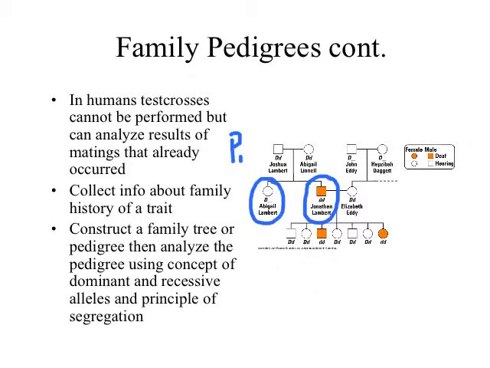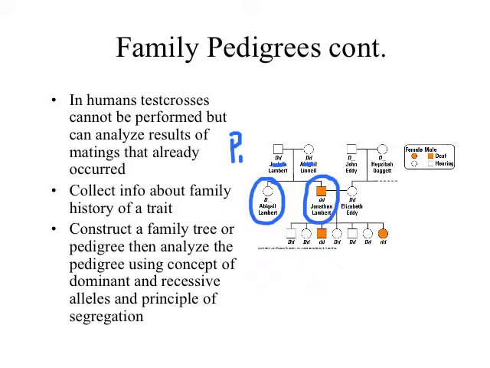Because they had one deaf son and one hearing daughter, and they're both hearing, that means that the deafness must be a recessive allele of that gene. So we can assume that the parents were both big D, little d, because both of them had to have that recessive in order for their son to be deaf, and of course, one of them had to be dominant in order for their daughter to be hearing. So we can get that from there.